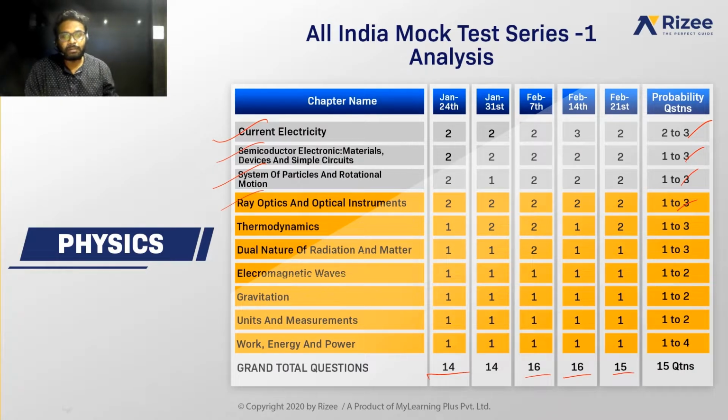By preparing for these 10 chapters in the last few days, you will be able to score better in your final exam. Students who have attended these mock tests will be able to perform better because they've got practice from various topics within these important chapters.